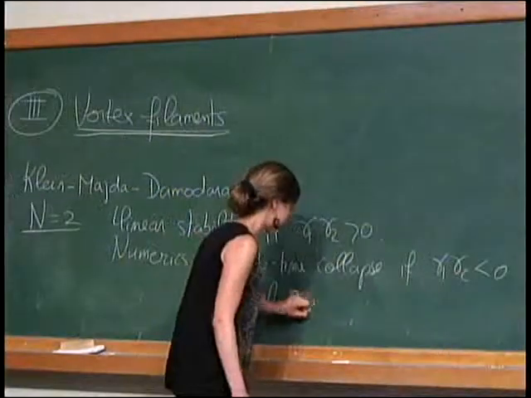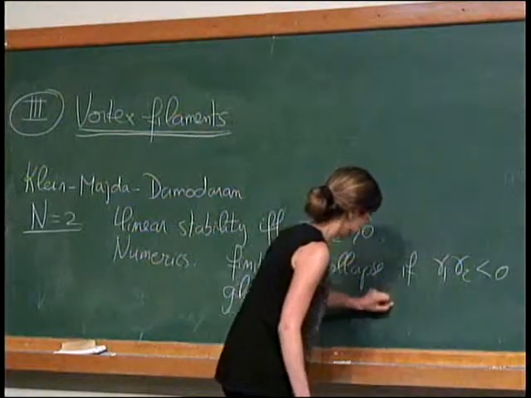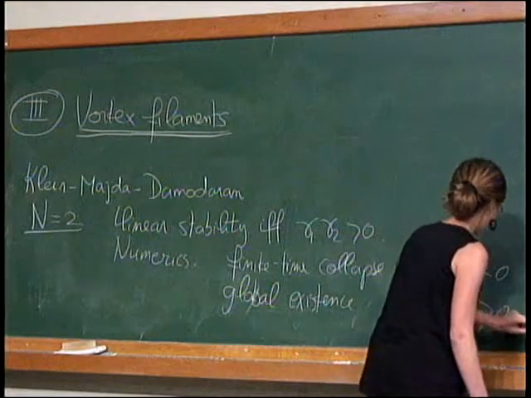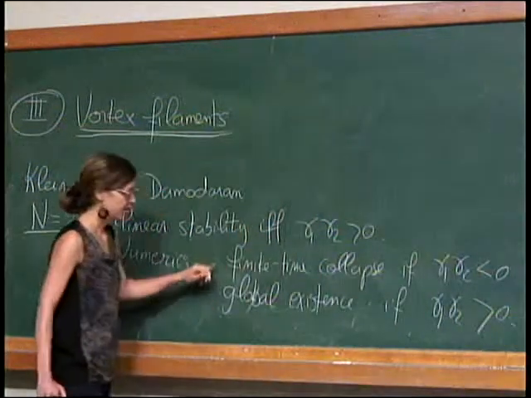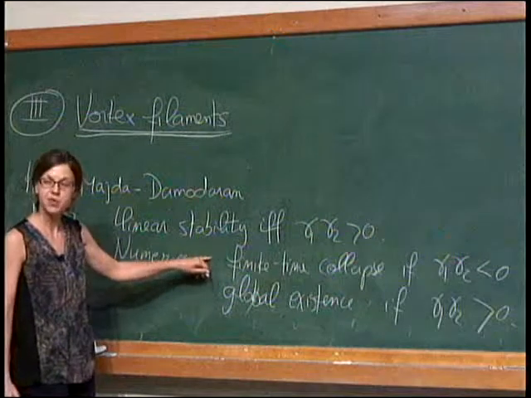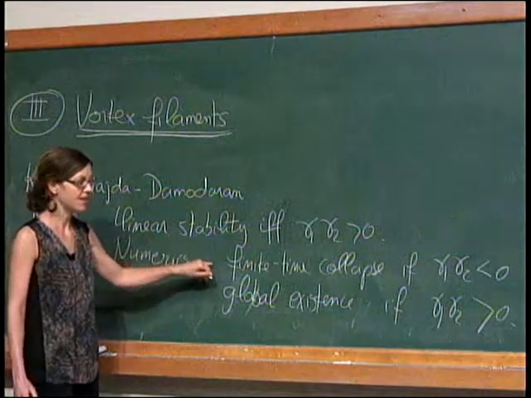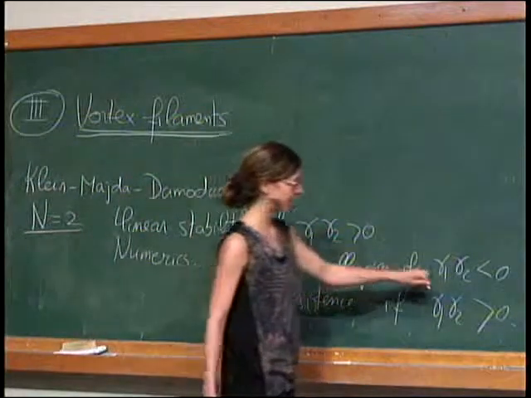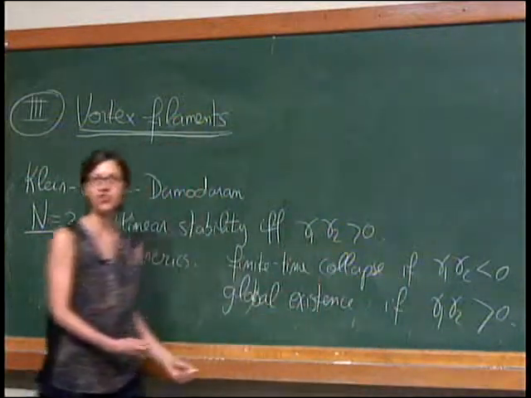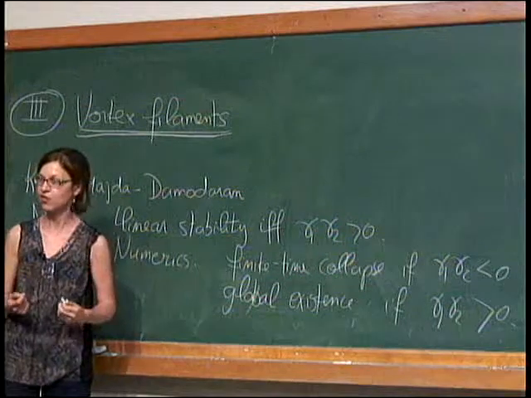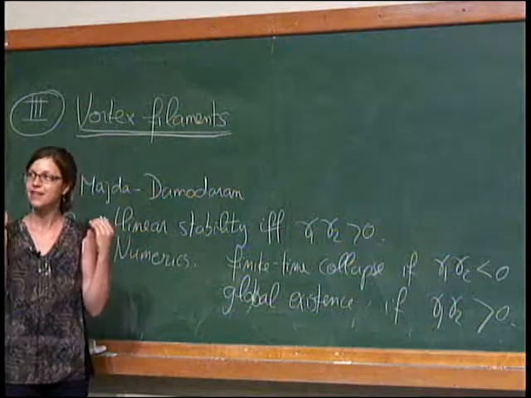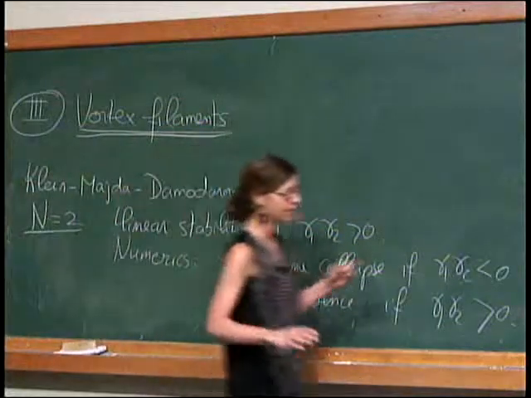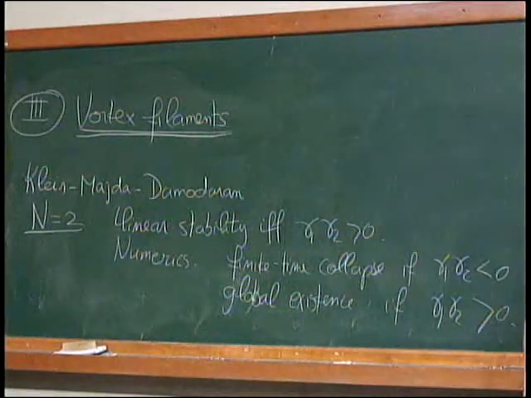So no collisions if gamma 1 gamma 2 is positive. Okay? So they presented strong numerical evidence of the fact that a pair of vortex filaments with negative and positive circulations lead to collision in finite time, which is not the case for the pair of exactly parallel vortex filaments, because we just saw that you never have collisions for the pair.